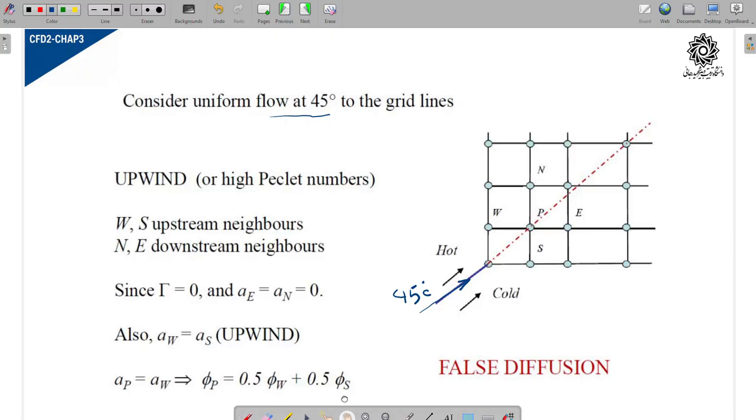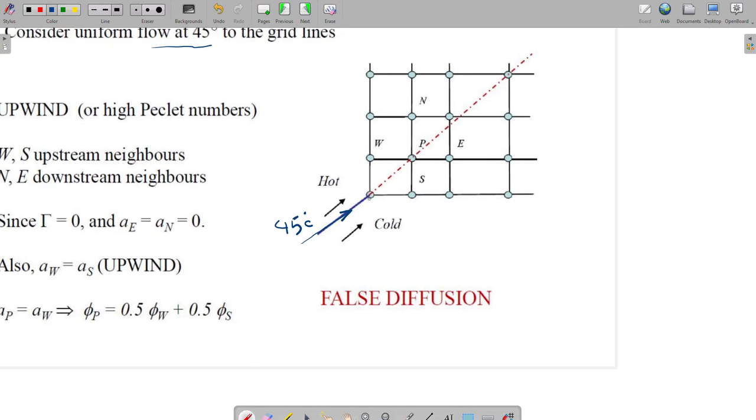In this case, if we use the finite volume upwind scheme, for one cell, Fe phi e minus Fw phi w equal 0. Okay.